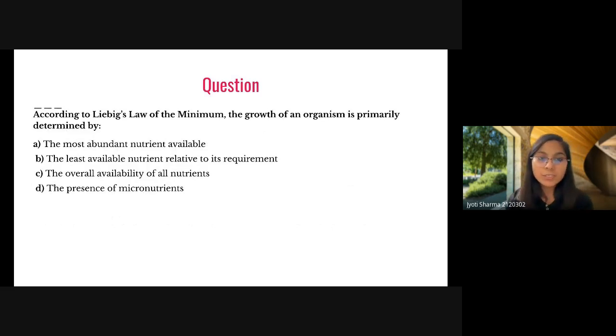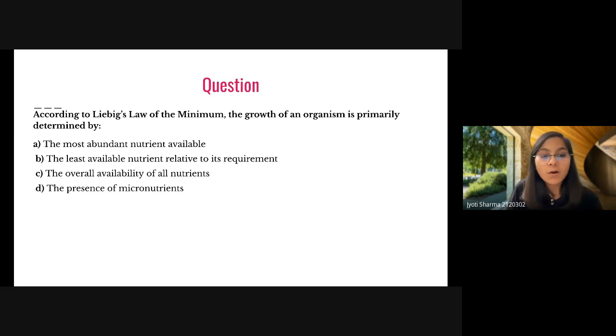Okay, the next question is on Liebig's law of the minimum. So, what do you mean by this Liebig? And based on that, we have the question. So, according to Liebig's law of the minimum, the growth of an organism is primarily determined by what? So, options are: A, the most abundant nutrient available. B is the least available nutrient relative to its requirement.